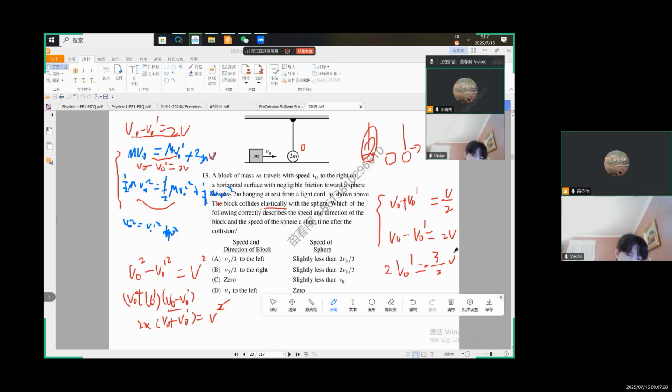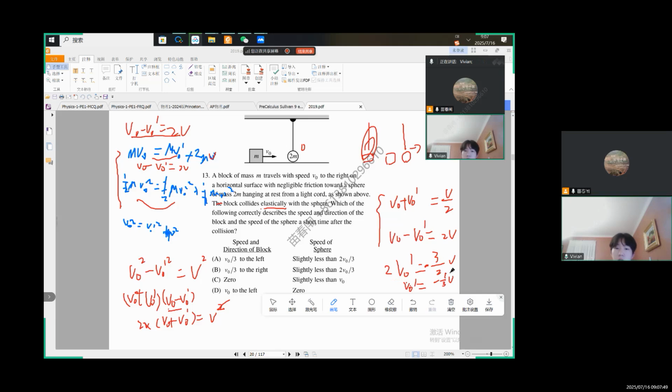That makes sense? So V0 prime then is negative 1 over 2V. Make sense? Okay, so negative 1 over 3V.